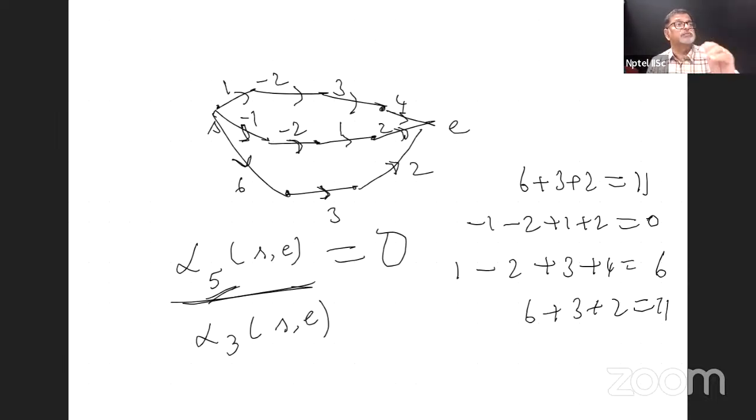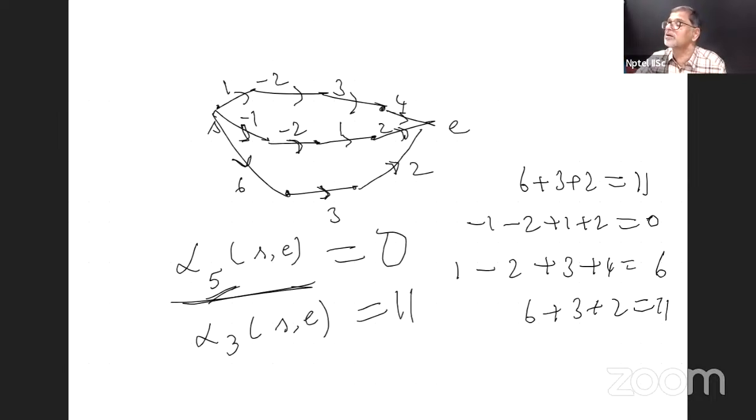Whatever walks have 3 edges or fewer, I should consider. There is only one, so the minimum is this, 11. Therefore, alpha 3 SE is 11.